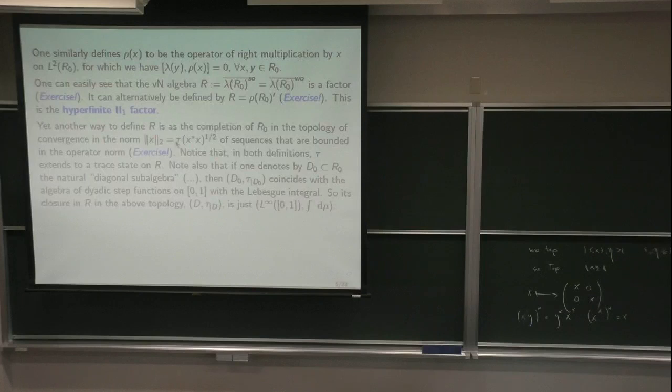So that really tells you that this hyperfinite factor, because of all the 2 to the n by 2 to the n matrices, which you can look at as non-commutative dyadic step functions, and the way we embed them is very similar.